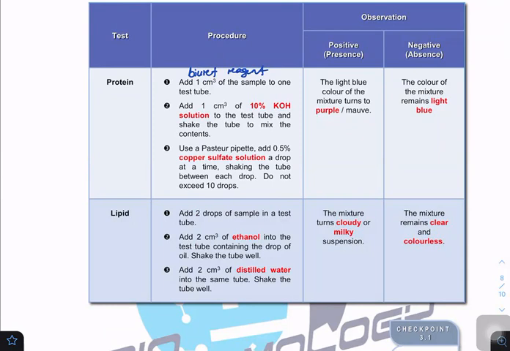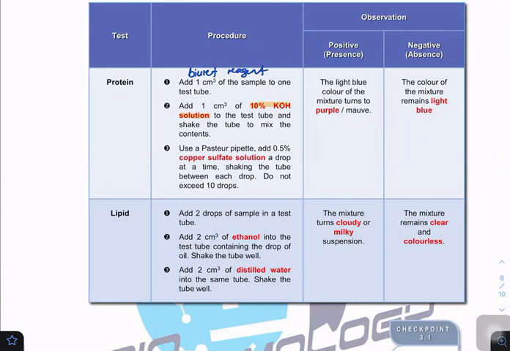We add 1 cm³ of the sample to a test tube, and add 1 cm³ of 10% potassium hydroxide solution. Sodium hydroxide can also be used. So you can use either sodium hydroxide or potassium hydroxide solution, and you add 1 cm³ and 1 cm³ in the test tube, shake and mix it.